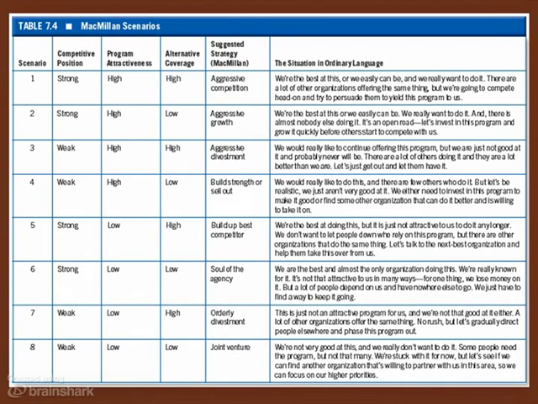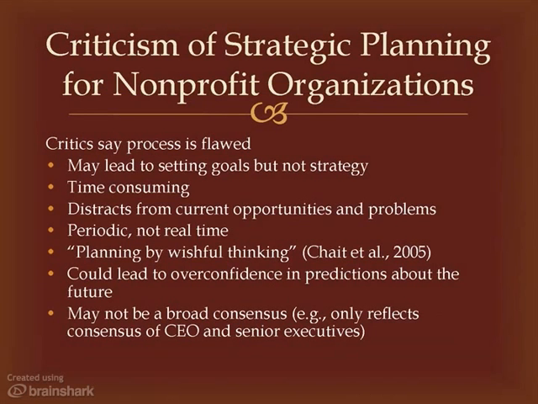As in most of the chapters in the book, it ends with a discussion of the criticism of the subject matter. So in this case, we're going to be talking about the criticism of the strategic planning for nonprofit organizations. Critics say that the process for strategic planning for nonprofit organization is flawed, that it can lead to setting goals but not strategy, that it can be time-consuming, that it can distract from the current opportunities and the problems.